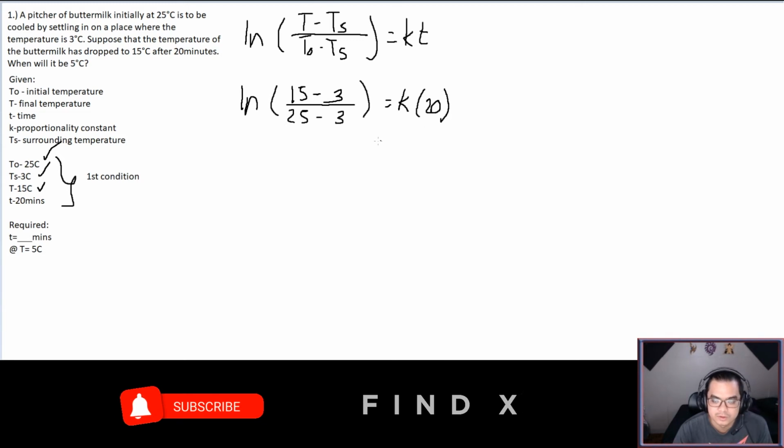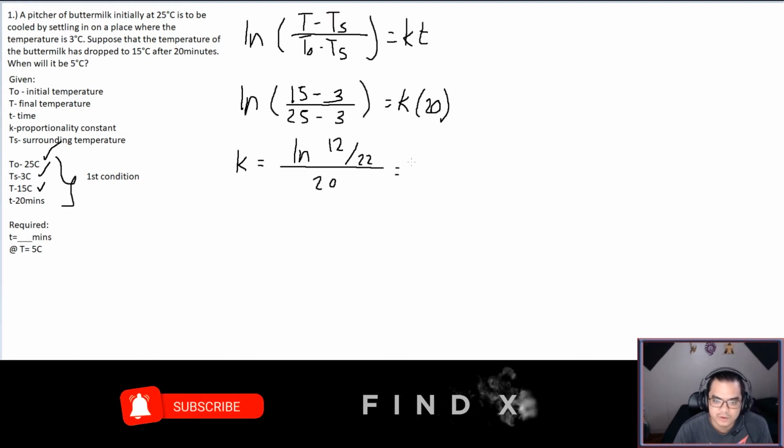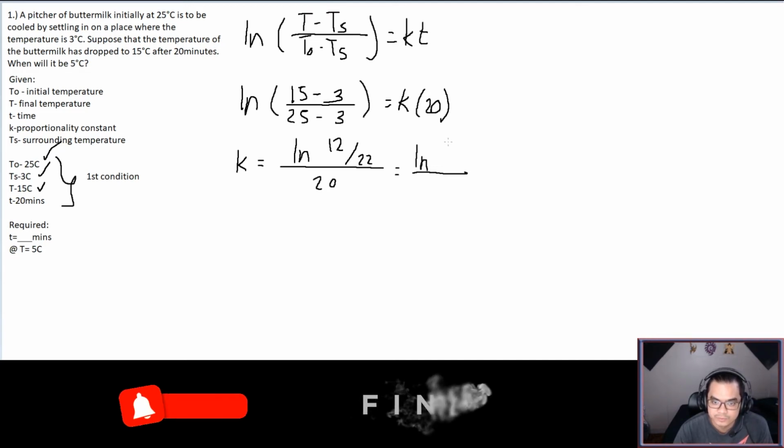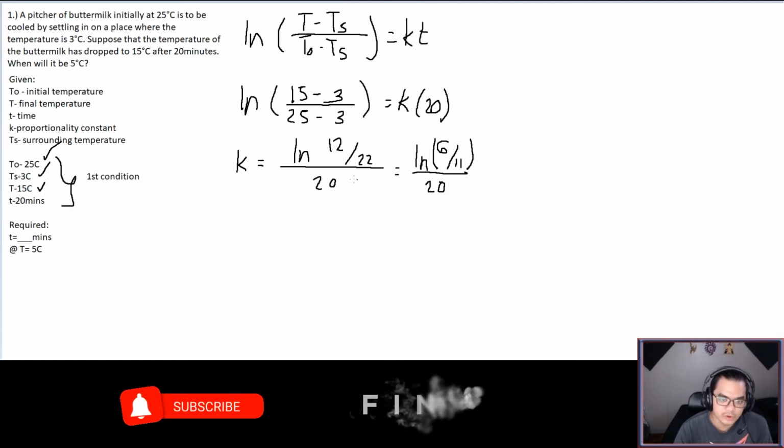Therefore, k is just equal to ln of 15 minus 3, that's 12, all over 25 minus 3, that's 22, all over 20. Or we can also have ln of 6 over 11 in lowest terms, all over 20. So that's the value of k.